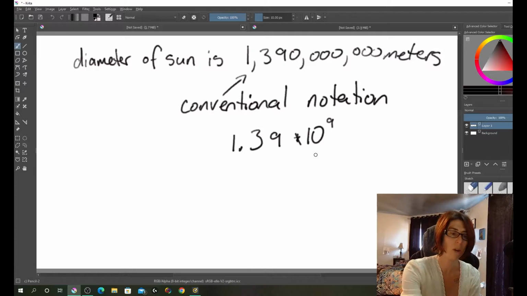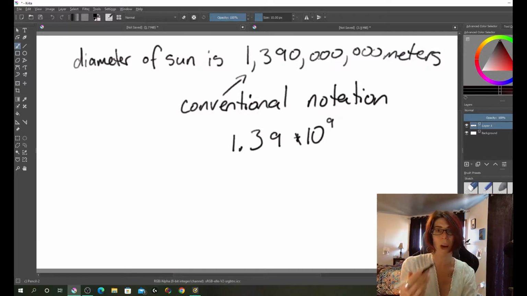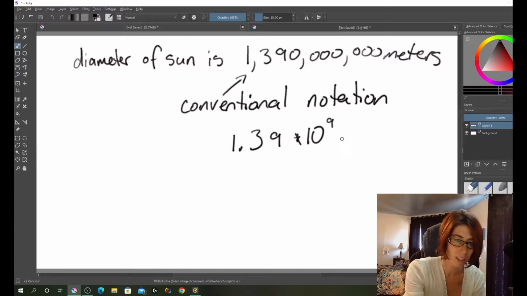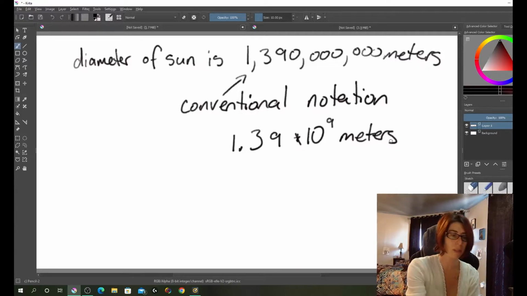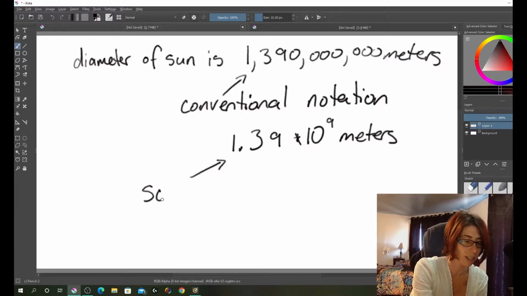You don't have to count to write it, but for the reader, it's a lot easier because you know exactly how big it is. That's what the exponent tells you. And you always have to put your units at the end.